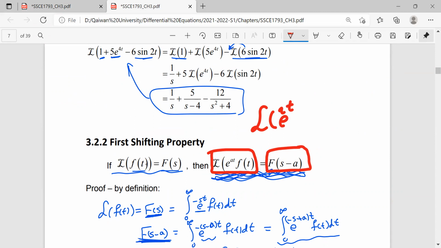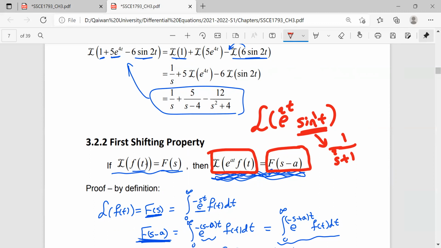times, let's say, sine t, the same as I have written down there. This is f of t. We find the Laplace transform for sine. The Laplace transform for sine is 1 over s squared plus 1 squared, which is 1. This is the Laplace transform for sine t.